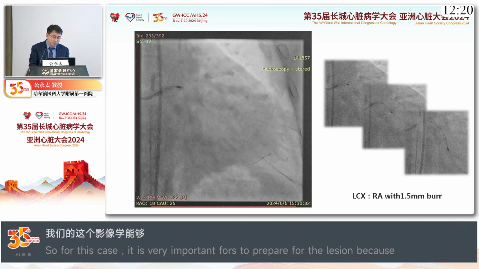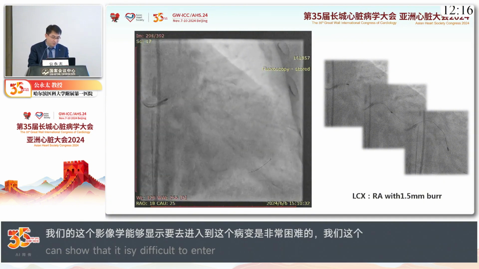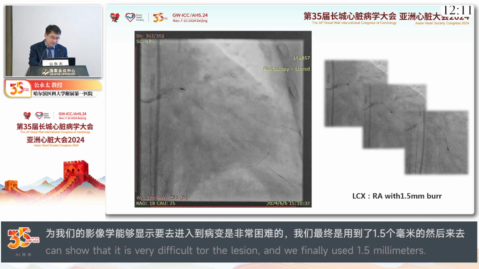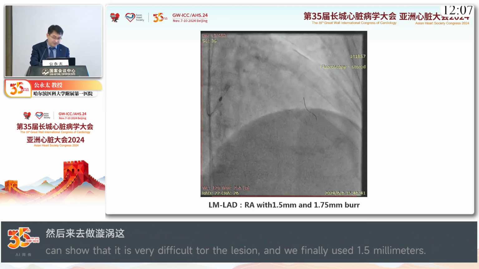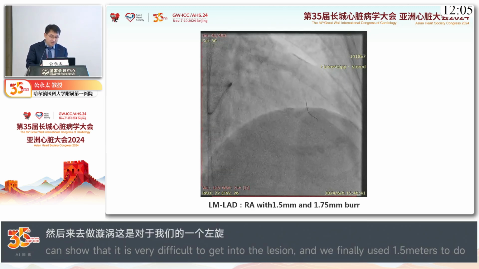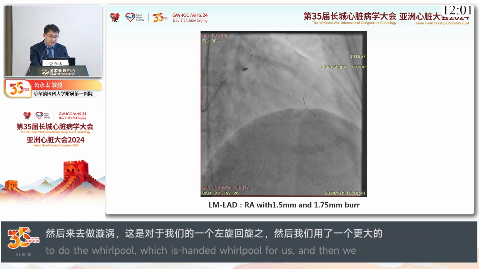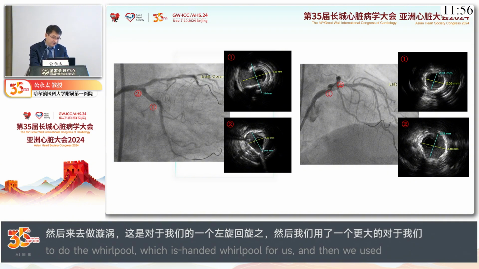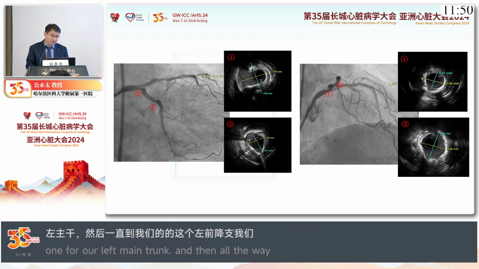Firstly, we chose a 1.5 millimeter burr to perform rotor ablation for the left circumflex. Then, with a bigger burr, we performed rotor ablation for the LAD. After rotor ablation, we used IVUS imaging.